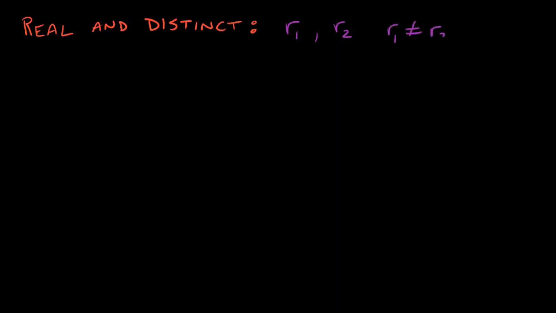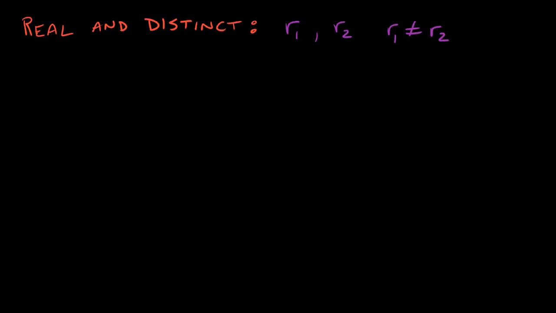Okay, for the example that we just worked, the roots that we found for the characteristic polynomial were what we call real and distinct. So when the roots are real and distinct, we're going to say that we have roots R1 and R2, and R1 is not equal to R2.